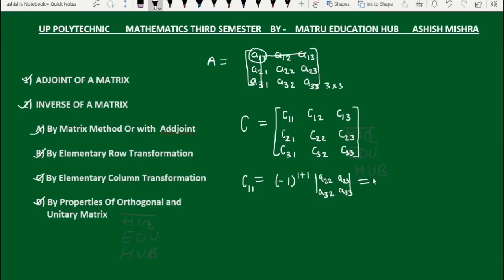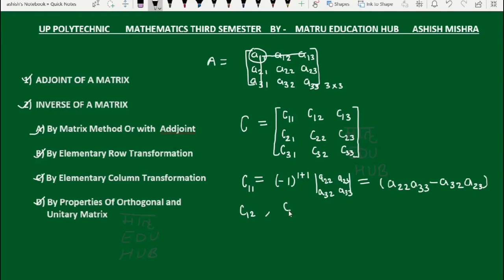We can see minus 1 power 2, that is plus 1, and the value of the determinant is A22 A33 minus A32 A23.